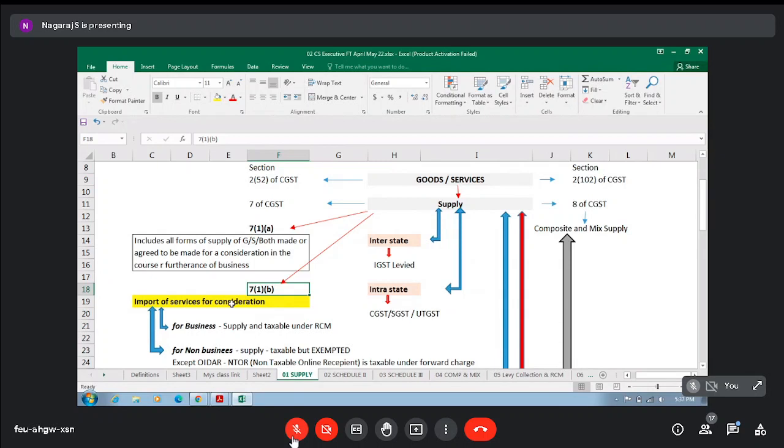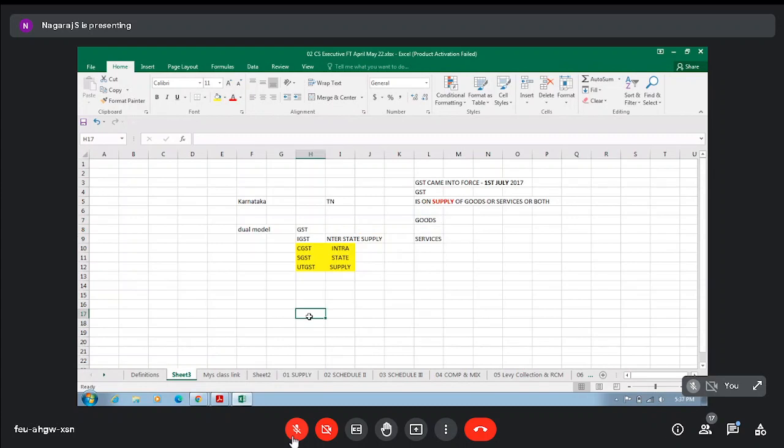Okay, before that, I need to tell, otherwise you guys will see GST. Supply of goods, supply of services, both one and the same. If I tell you for goods, the same logic is applicable for services also.